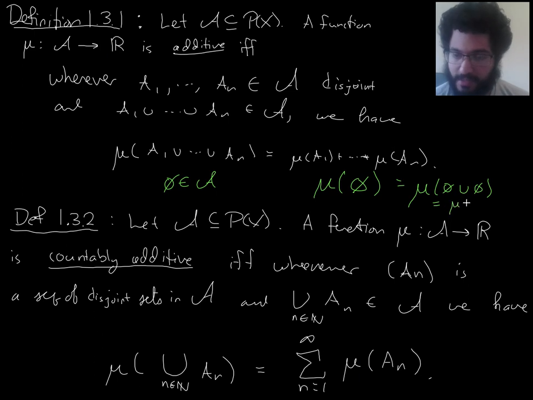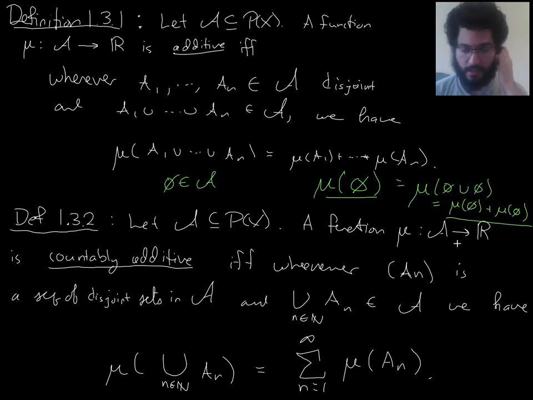So according to additivity or countable additivity, you have this. Then look at this overall equation. You can subtract mu of the empty set from both sides, and you get mu of the empty set equals 0. Yeah, so this is a trick seen in algebra all the time.